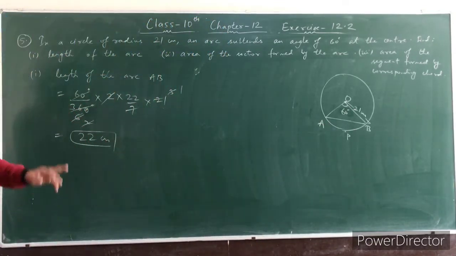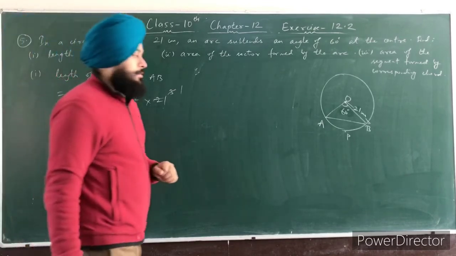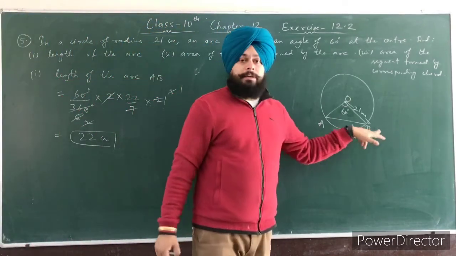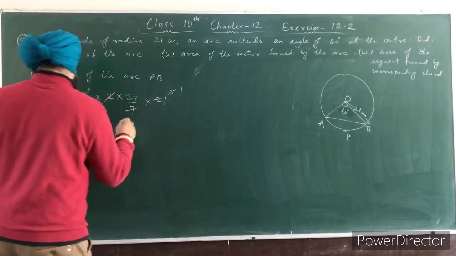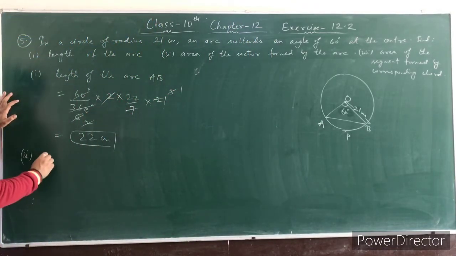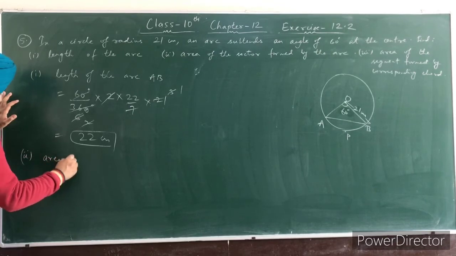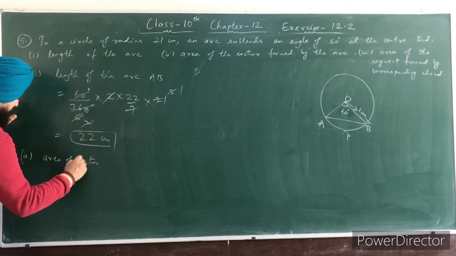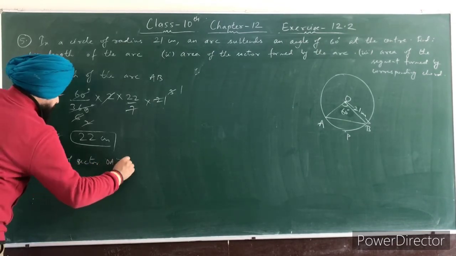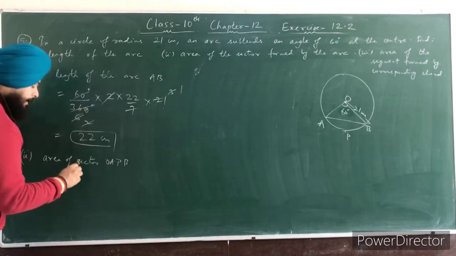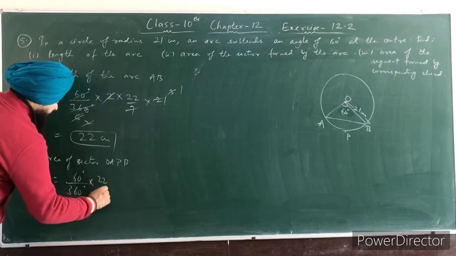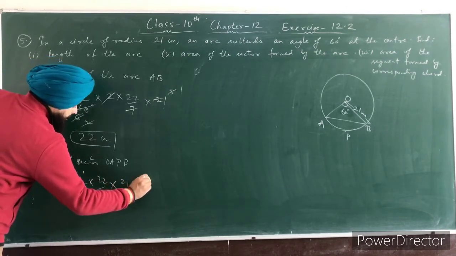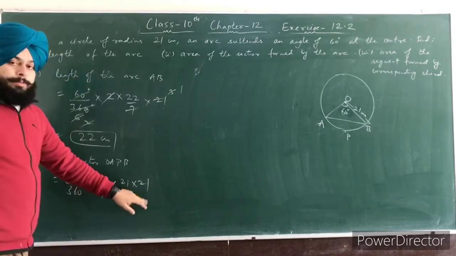Now second is the area of the sector formed by the arc, so the area of sector OAPB. Its formula is theta over 360 into pi r square. Theta is 60 degrees, so 60 over 360 into pi r square, and r is 21, so multiplying 2 times.